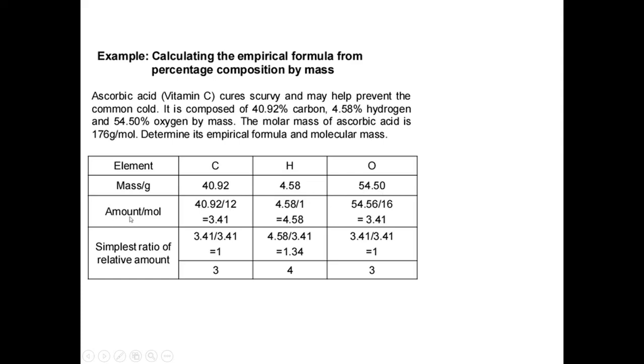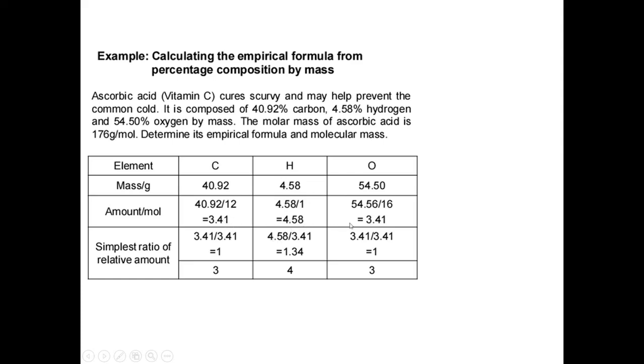54.5. So to calculate the mole, you take the formula. How to calculate the mole? Mole is equal to mass over molecular mass. So you take the mass here, 40.92 divided by its molecular mass, for carbon is 12. Then you get 3.4. Same goes for hydrogen and oxygen.